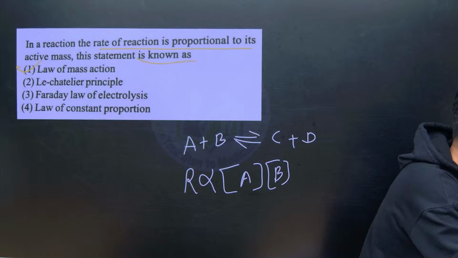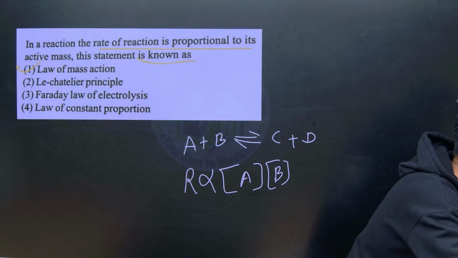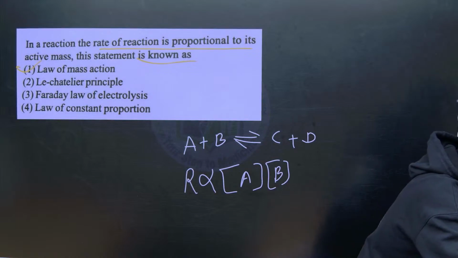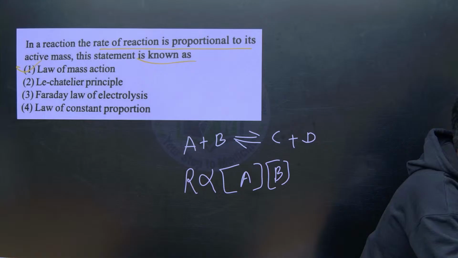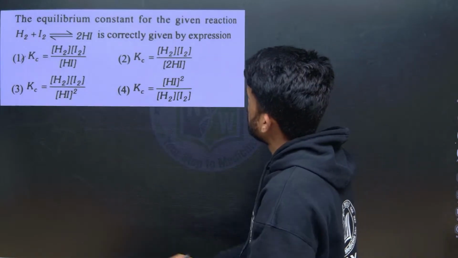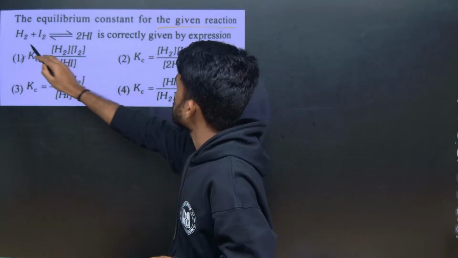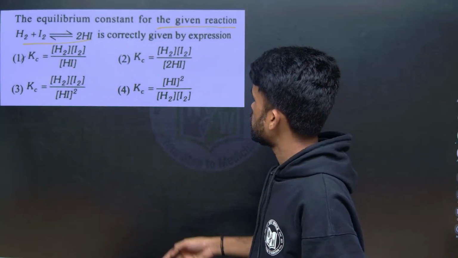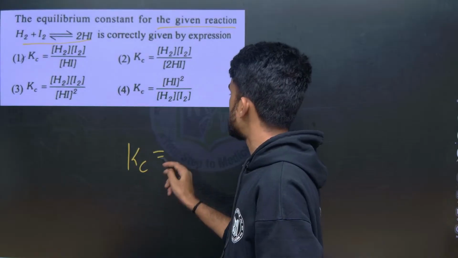So just give me a minute, I just want to check everything is going well or not. Yes. So which option is correct? First one, right? The next question, the equilibrium constant for the given reaction is, so this is a given reaction, how can we write equilibrium constant Kc?